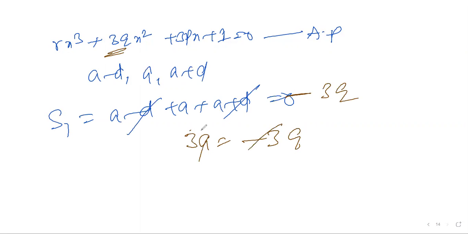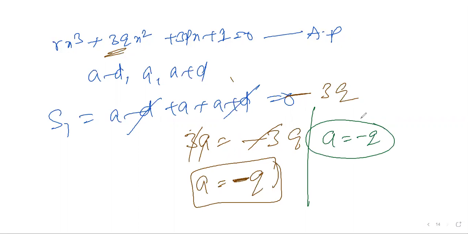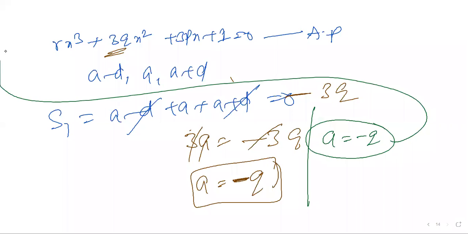A is equal to how much? Minus q will come. The 3 cancels. A should not cancel with q. So A is equal to minus q. Am I clear? If A is equal to minus q, you need to substitute here, not in your original equation, because this is the converted AP equation.